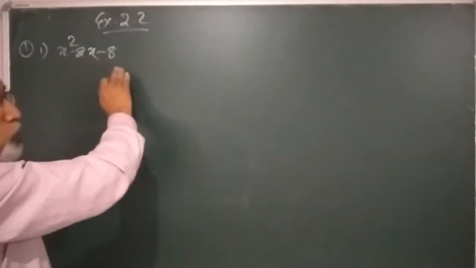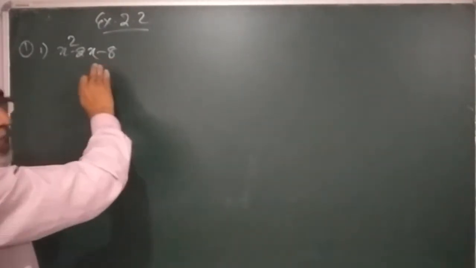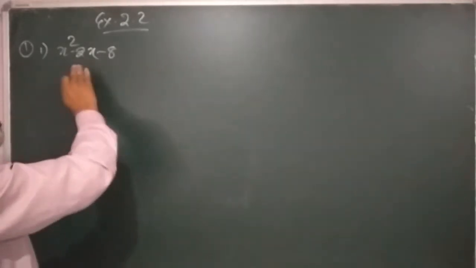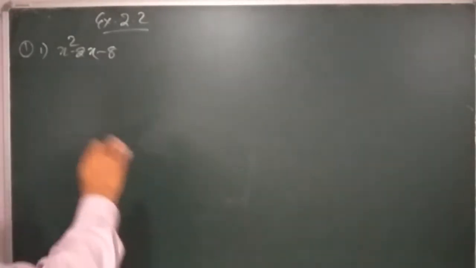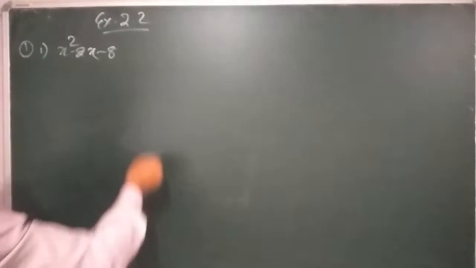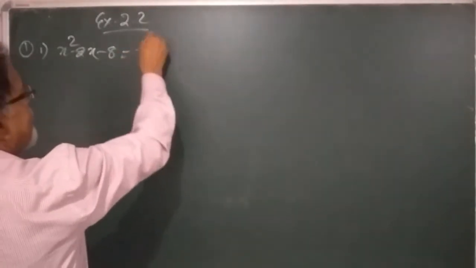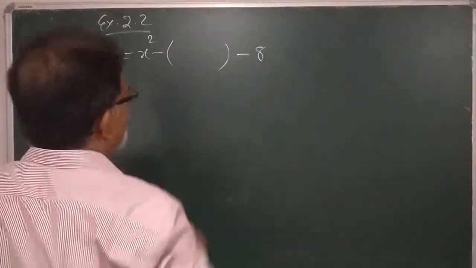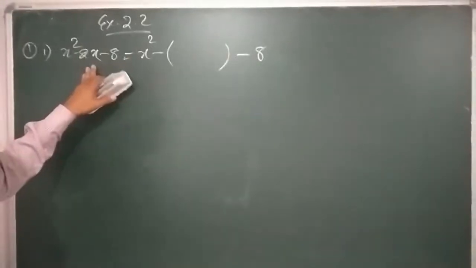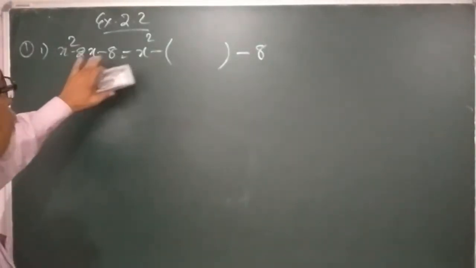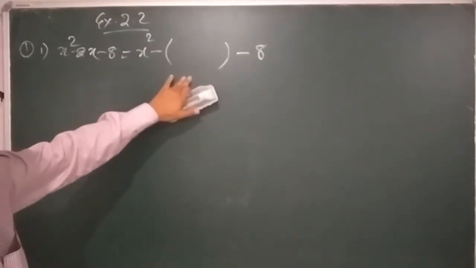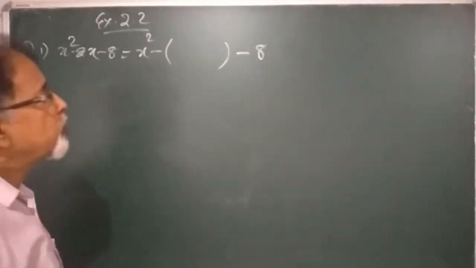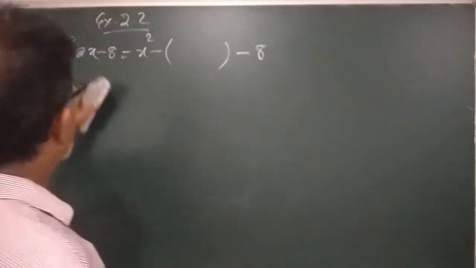To find the zeros of this polynomial, we have to find the factors of this polynomial, that is, we are going to factorize this polynomial, and we will split the middle term to find the factors, which you have already learned in the previous classes.